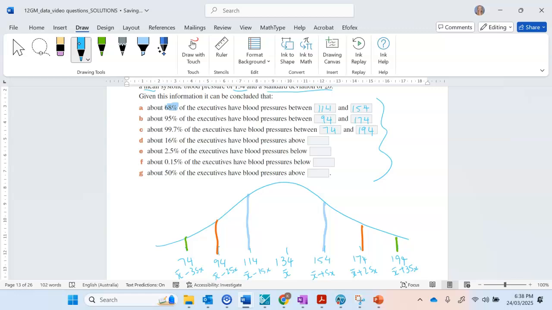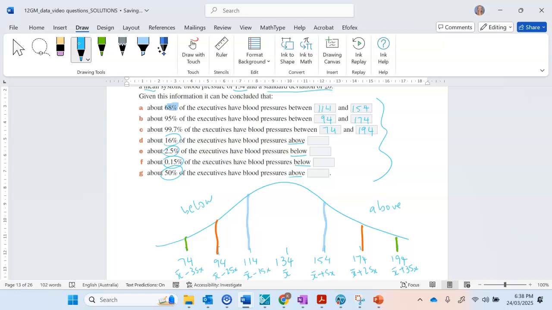All right, then we get into some harder percentages. So we've got 16%, we've got 2.5, 0.15, and 50, but you do have to take note whether you're going above or below. All right, so because it's symmetrical, you're either going to be here, which would be above, or you're going to be here, which is below. And it might change depending on the question, but looking at this one, it's not going to be any different.